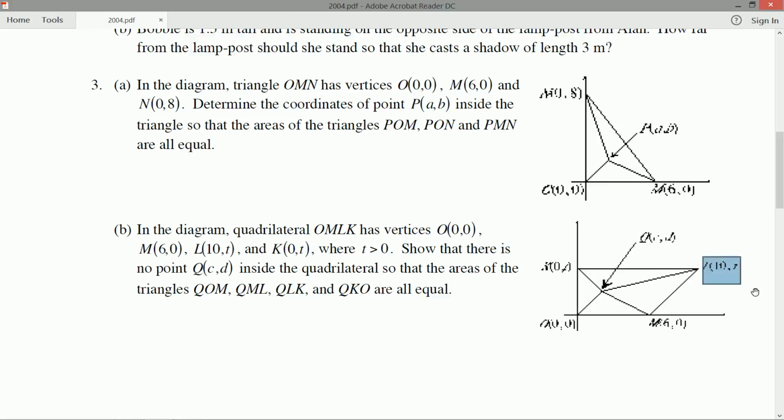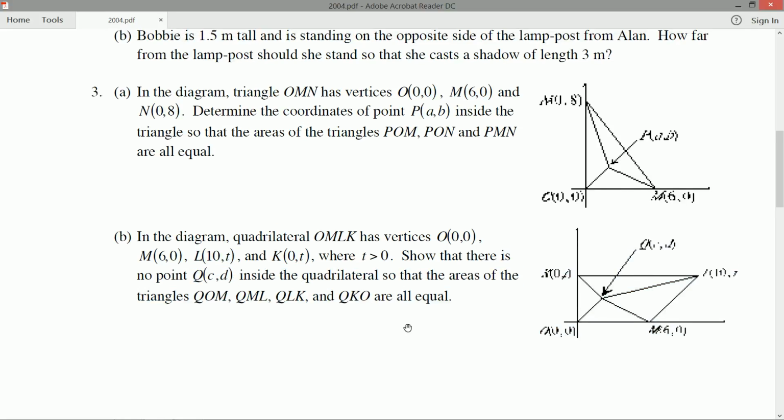It is not clear what that is, but it is 10,t according to the question. And K at 0,t, so K is over here on the axis, up a height t. And t is going to be positive, we're told that. Show that there is no point Q inside the quadrilateral so that the areas of each of these triangles is equal. Interesting. No point Q that does this.